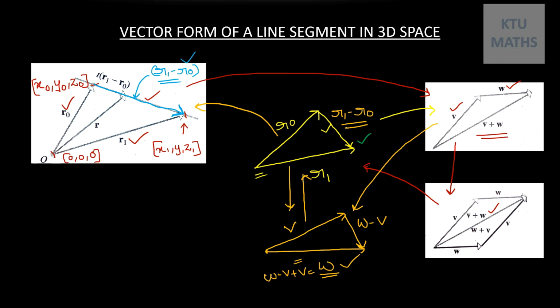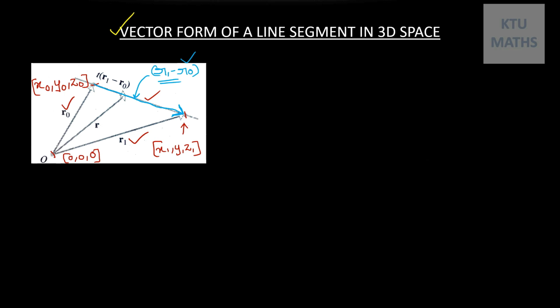Since we have studied all this, let us progress to the vector form of a line segment. And what is the line segment that is mentioned here? We know that the line segment mentioned here is this one, and this line segment can be written in vector form, and that's what we are going to study next.